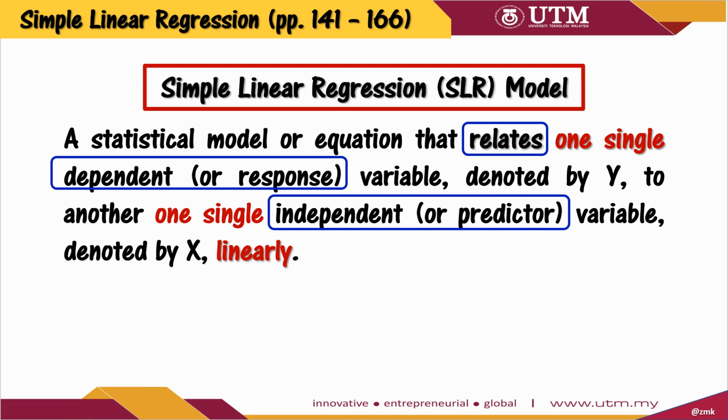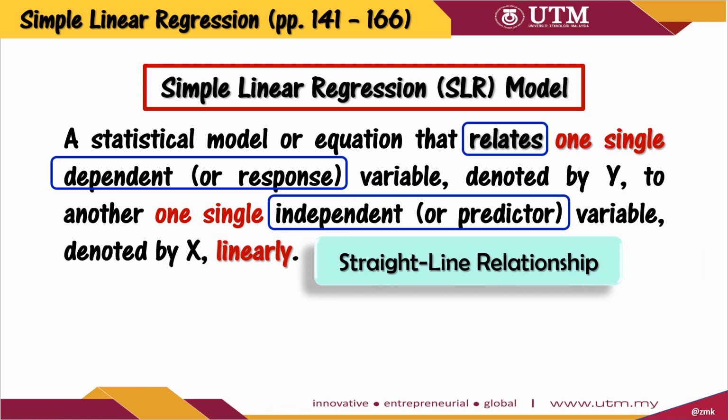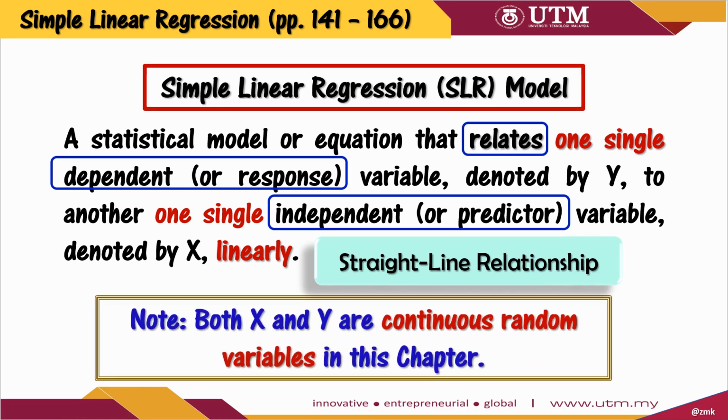In other words, a simple linear regression model reveals a straight line relationship between one response and one predictor variables, where these two variables X and Y are continuous random variables which have values in interval or range.